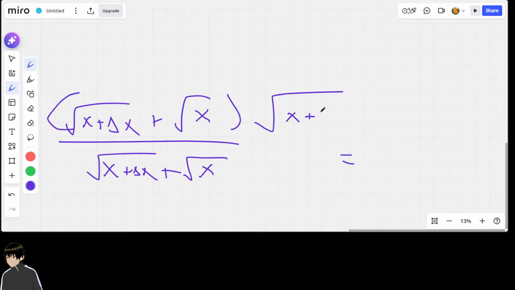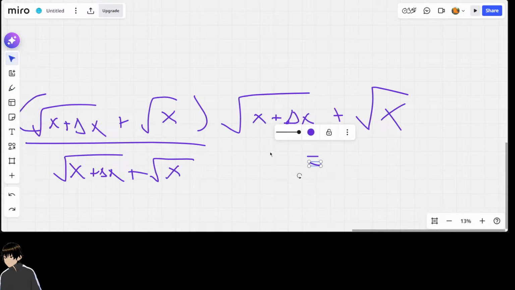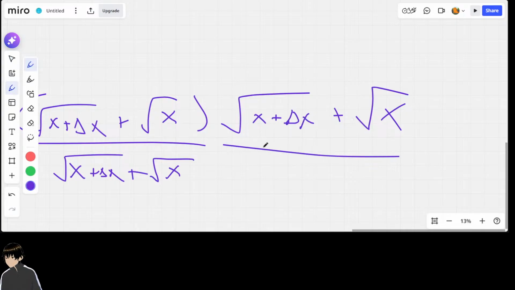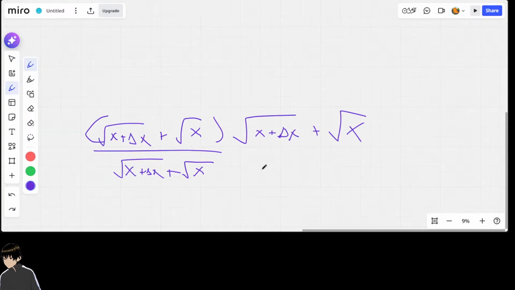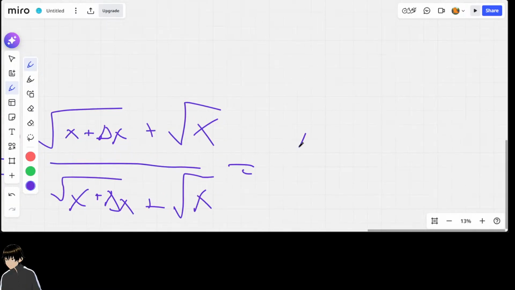X plus this, and this, so that you'll cancel the radical sign once you get that. So multiply both plus that, and you'll get the x plus this plus x.